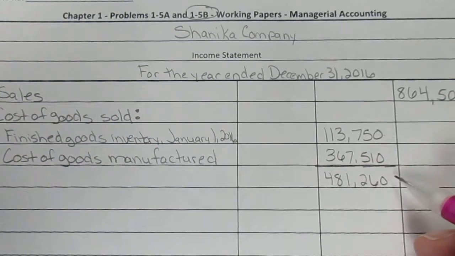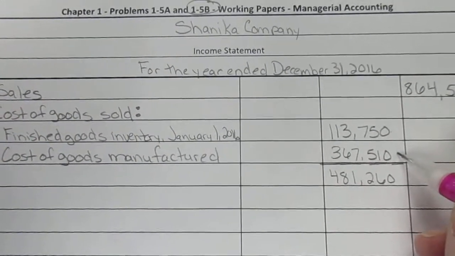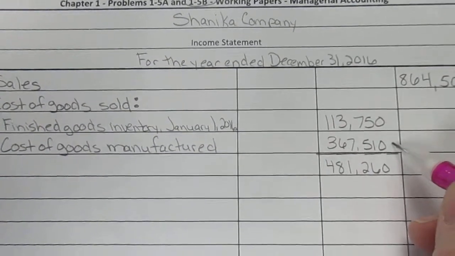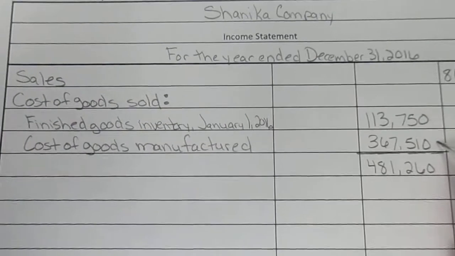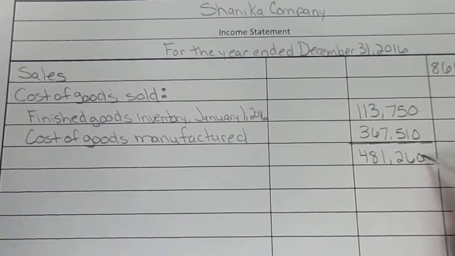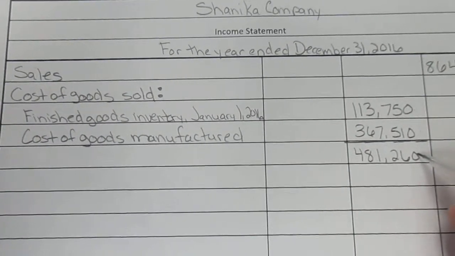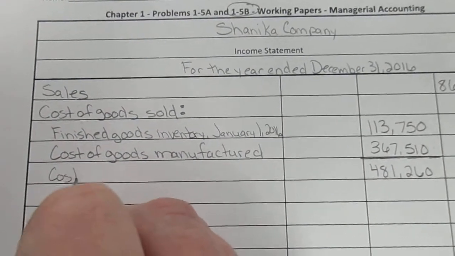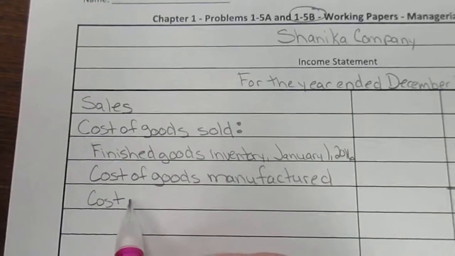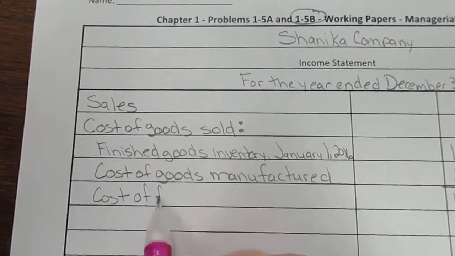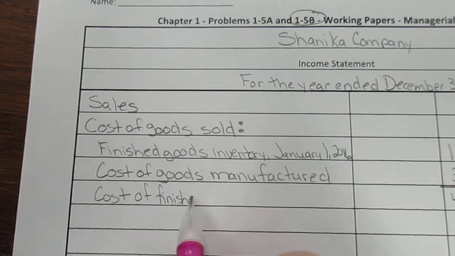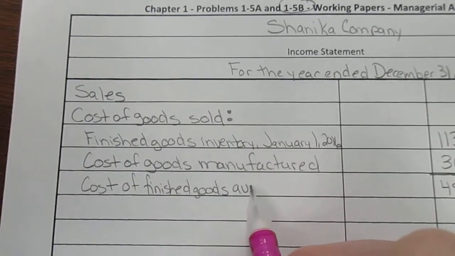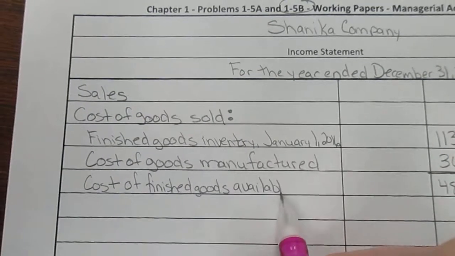We learned by creating our statement of cost of goods manufactured that we incurred a cost of $367,510 during the year 2016. So this $481,260 gives us our total cost of finished goods that are available for sale.